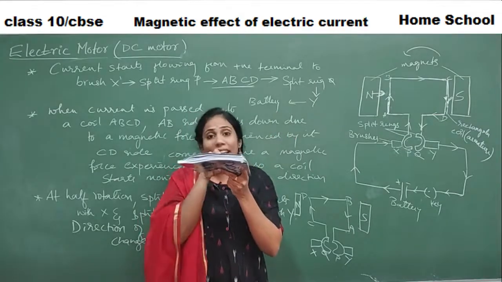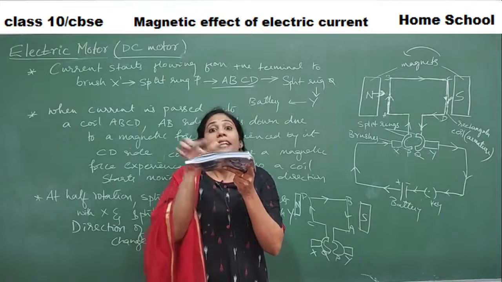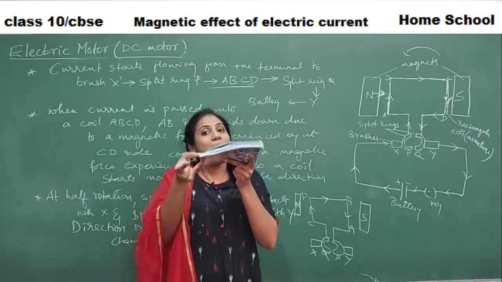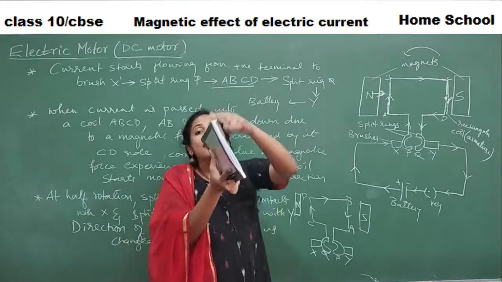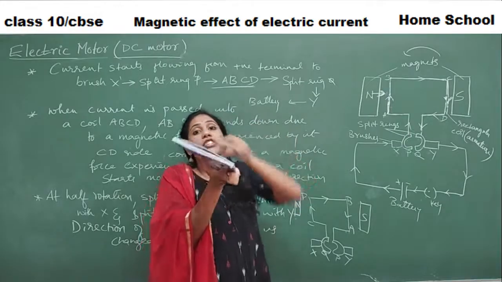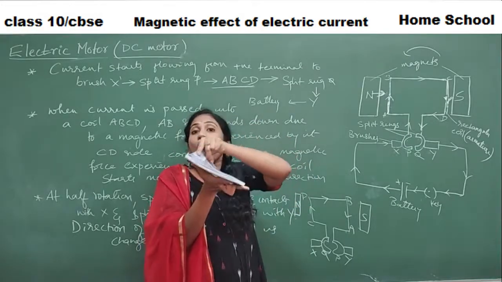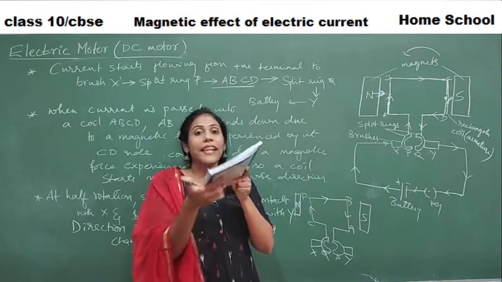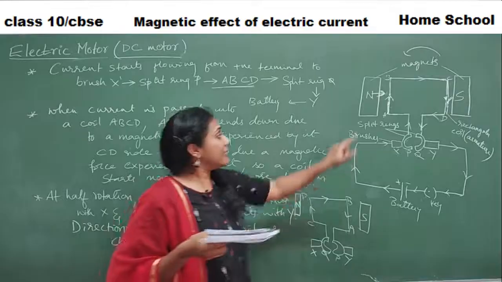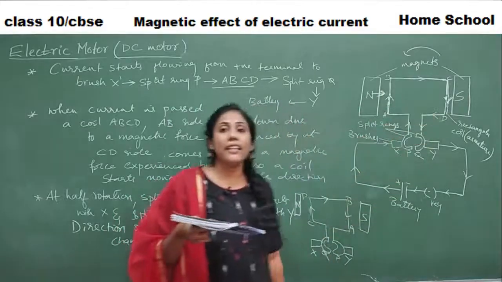Now current direction is changed. If the current direction is changed, again this particular side can move down and this particular side can move up, so that a single direction of movement of coil is observed. Okay, so split rings are helpful in changing the direction of current in a coil.